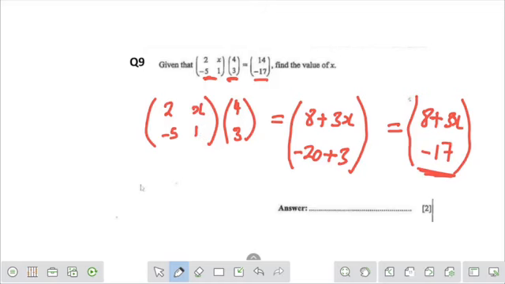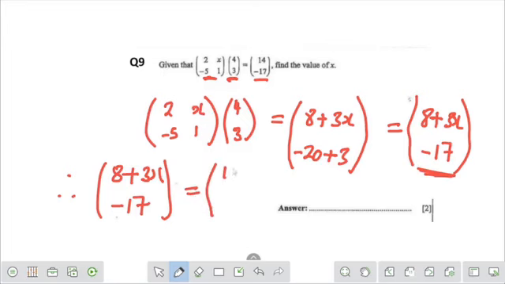So we will get 8 plus 3x, then negative 17, equal to 14 here and negative 17 down here. They are saying this matrix is equal to this one. You can see negative 17 equals negative 17. So you just need to equate this one so that we find the value of x.